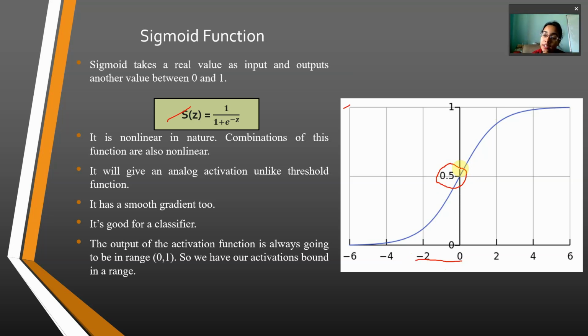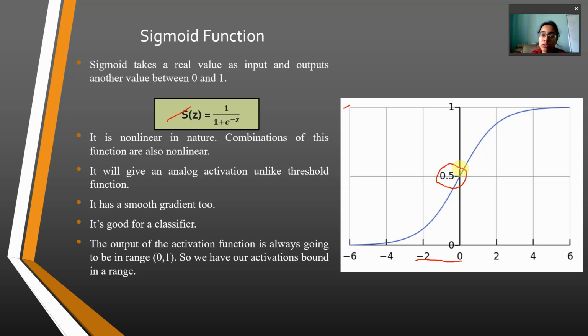And if the value is less than 0.5, then it will be considered as 0, that is the output will be 0 and the neuron will not be activated. So this sigmoid function helps us with the multi-class classification that the threshold function cannot.